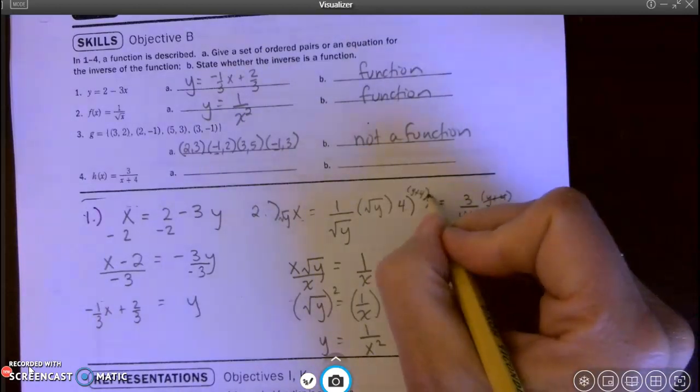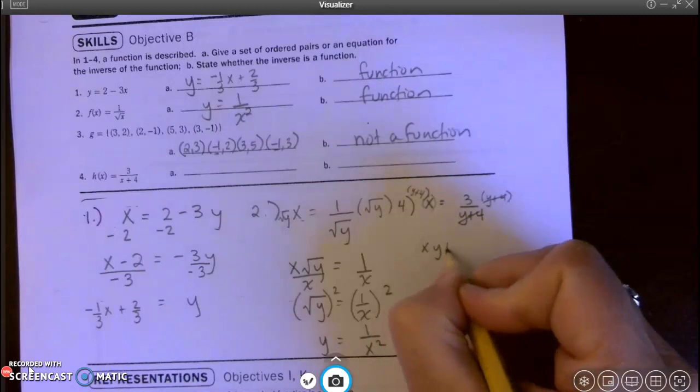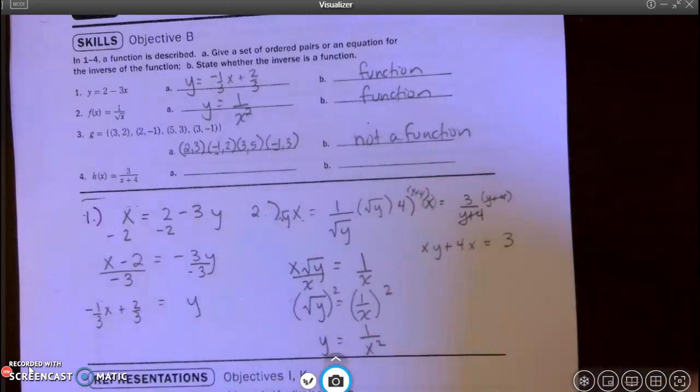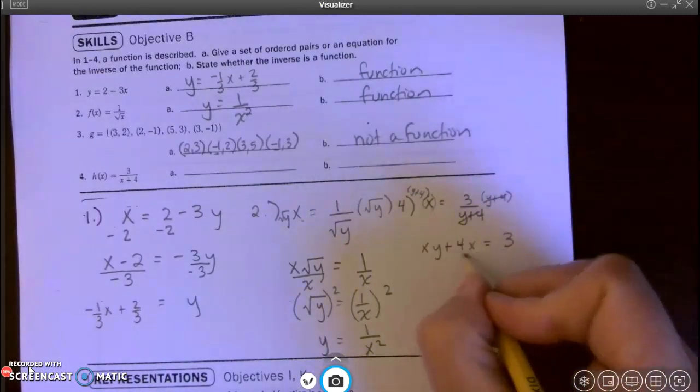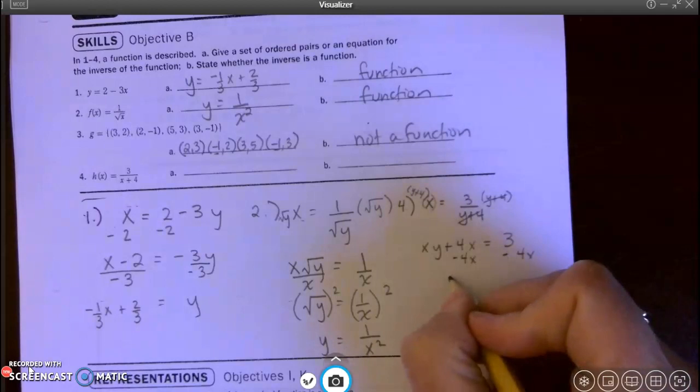And this x is getting multiplied by y plus 4, so I get xy plus 4x equals 3. The 4x can be moved over because it doesn't have a y with it, and I'm trying to solve for y, so I need to get y alone.